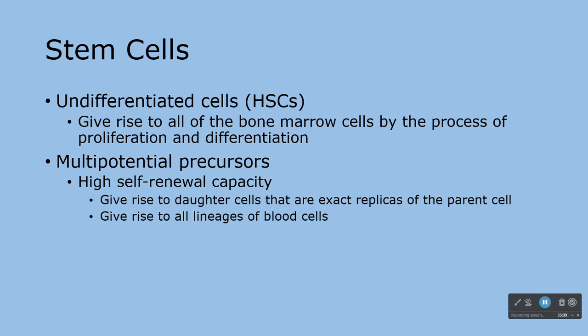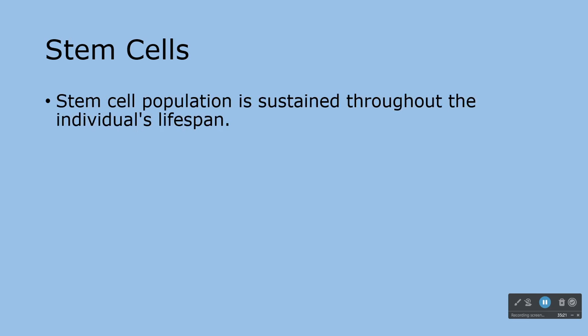And then these MPPs give rise to all of the lineages of blood cells that we're going to discuss in hematology. Okay? Does that make sense to you guys? All right? Excellent. All right? So, population, about 20,000 sustained throughout the individual's lifespan, as long as everything's normal.